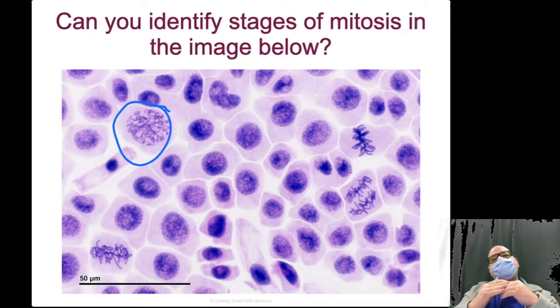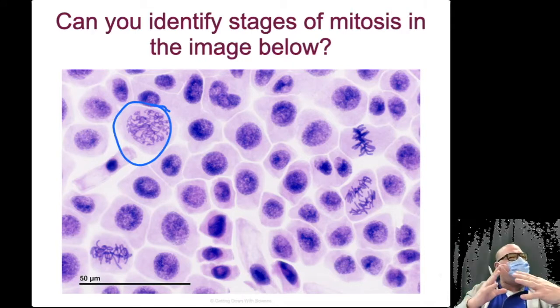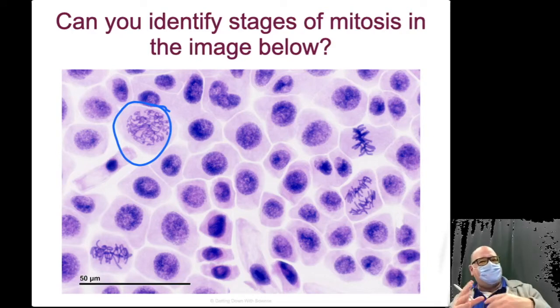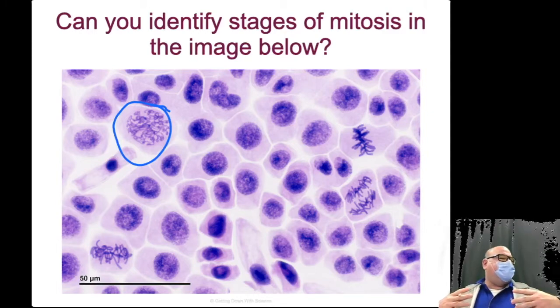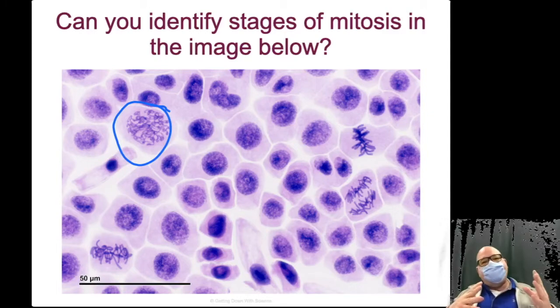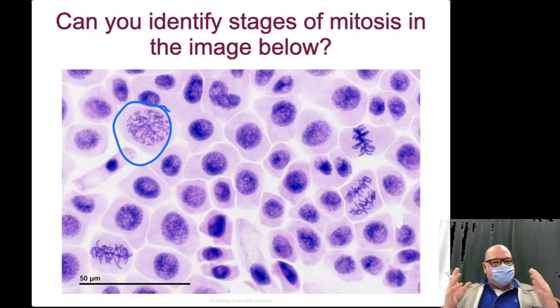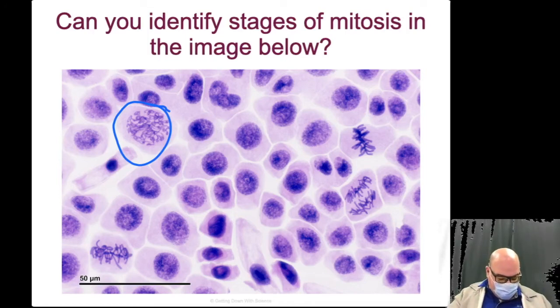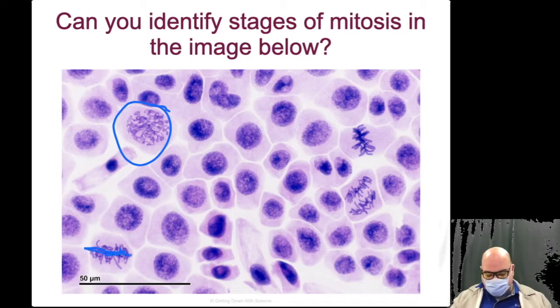Or maybe they're just starting to pull apart and some of them are still metaphase and some of them are just starting to pull away from each other. So maybe it's like late metaphase, early anaphase. So just be careful. Like it looks like this one is late metaphase heading into anaphase, okay, compared to this one, which is like very clearly in metaphase.